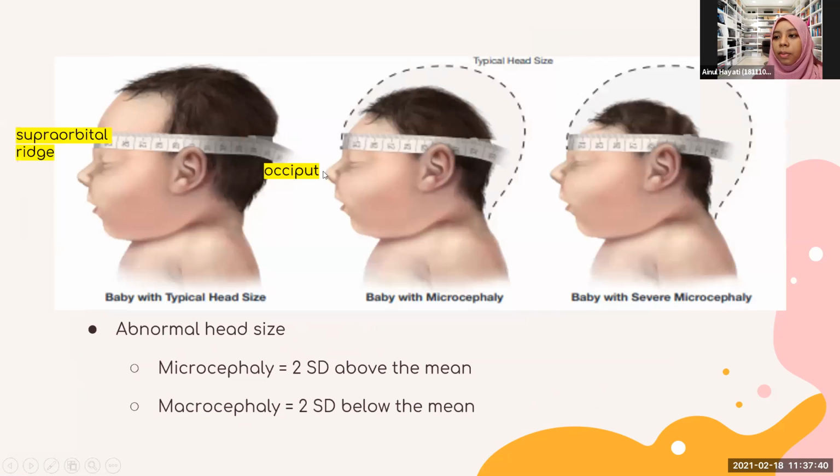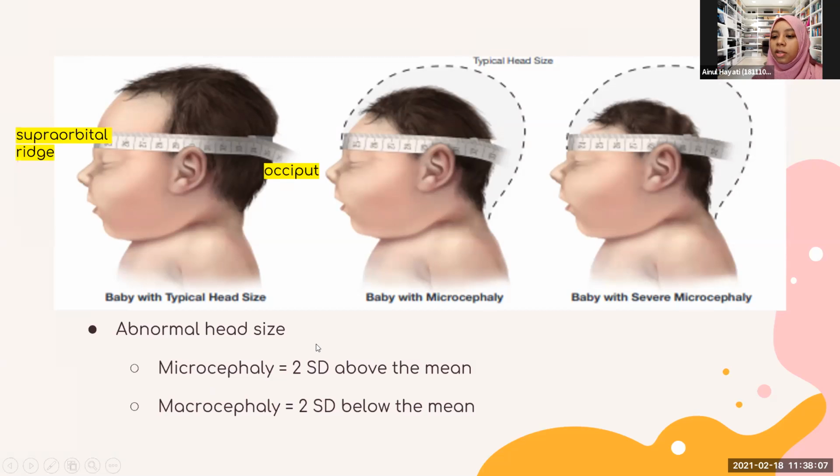This is when a baby has microcephaly, which, I'm sorry, this is the wrong way around. Okay, so macrocephaly is 2 standard deviations above the mean. On the growth chart, we can see a line. That is the z-score line or the mean.